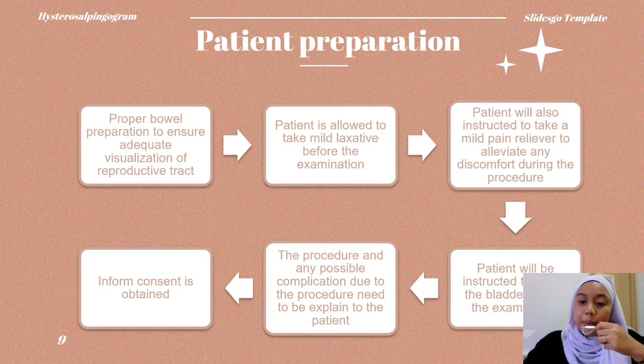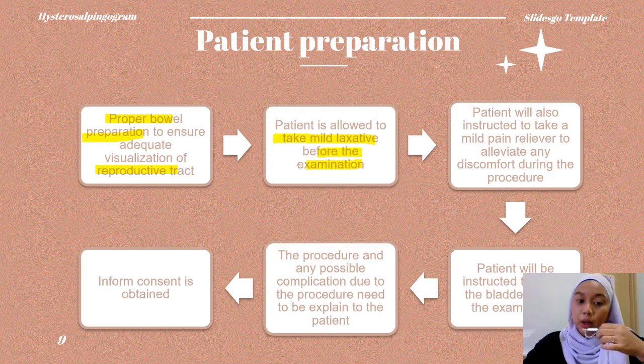So let's look into patient preparation before we perform. After we get the patient details, we need to prepare the patient. First, the patient must have a proper bowel preparation. This is important to ensure adequate visualization of the reproductive tract. The patient is allowed to take a mild laxative before the examination in order to clear the bowel.